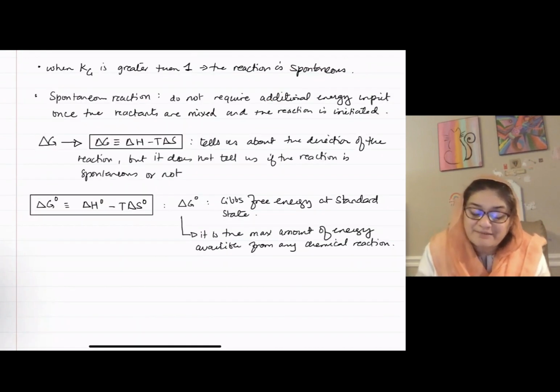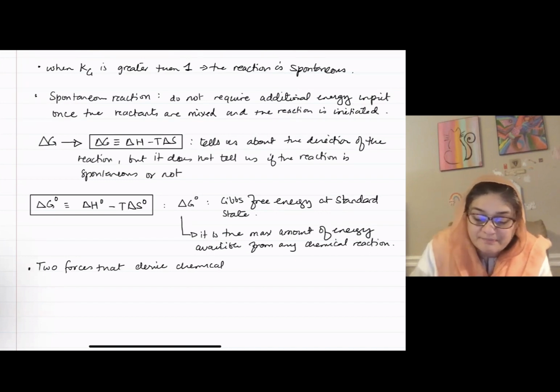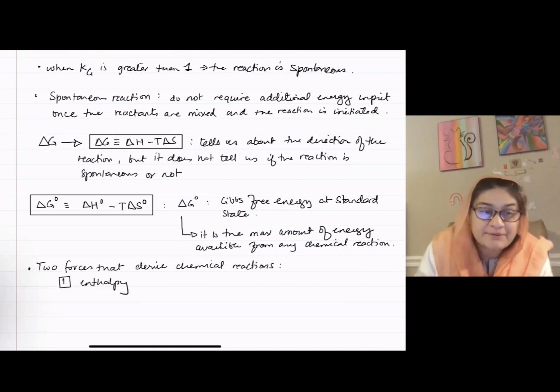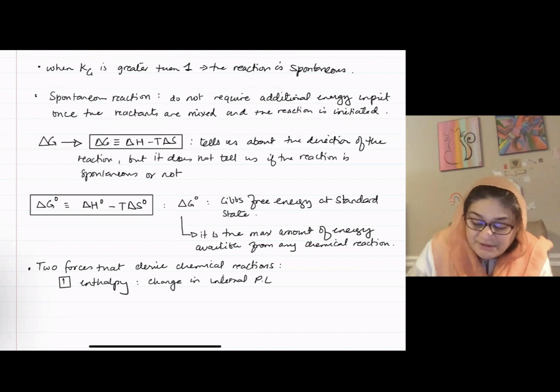So how did this give us that equation? Two forces that drive chemical reactions always are, number one, enthalpy, which is the change in internal energy, potential energy of atoms.